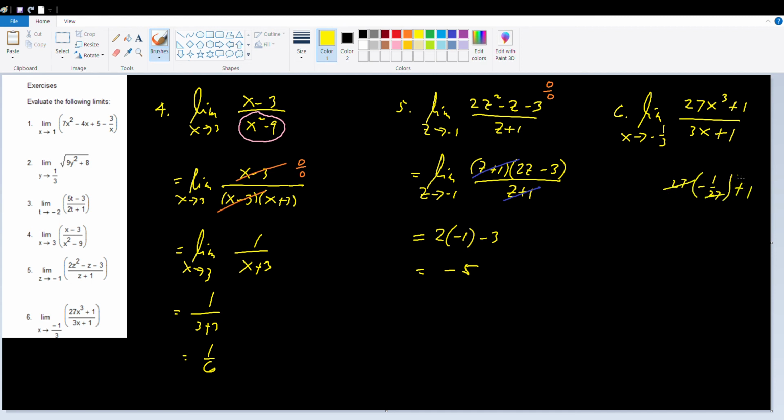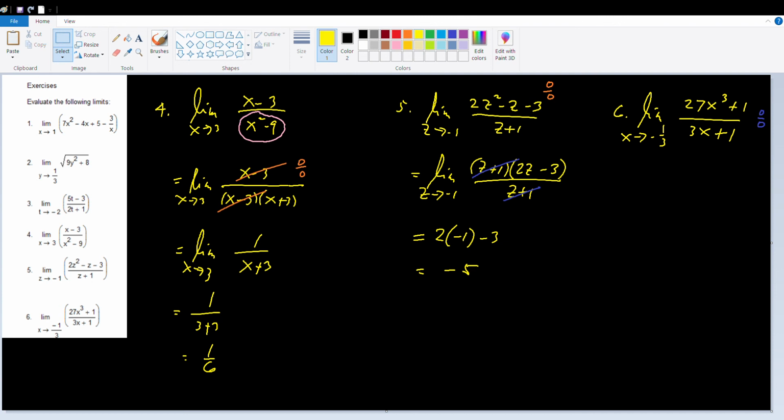And we know that this will result to 0. The denominator is 3x plus 1. If we substitute negative 1/3 to x, again, we will be getting a 0 in the denominator. So it will also result to an indeterminate form if we will use the substitution method.